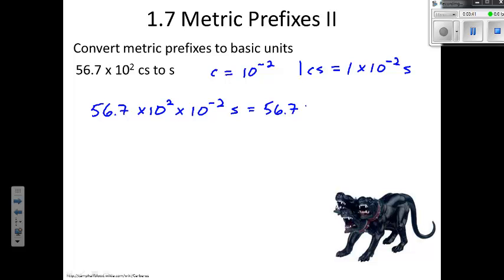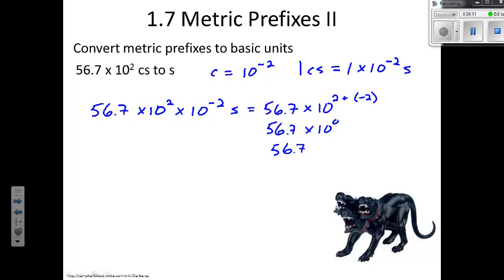If we're multiplying powers of 10, we can add the exponents together, plus minus 2, and it's going to drop out. 56.7 times 10 to the 0, which is 1, which we usually just drop.